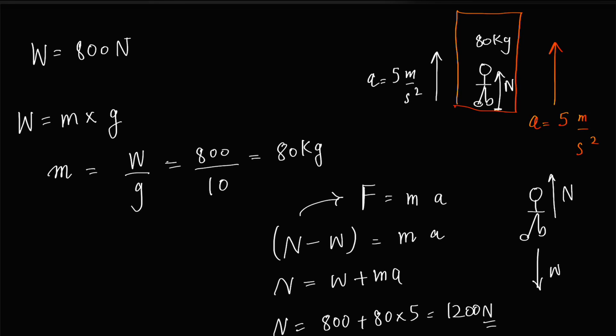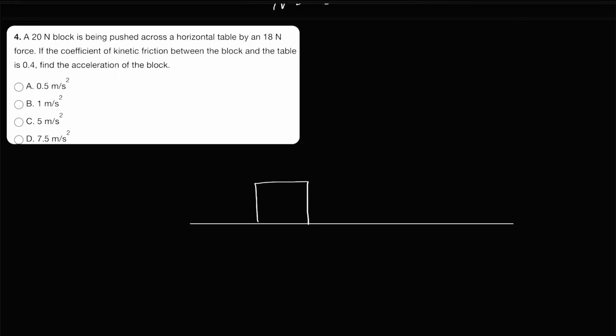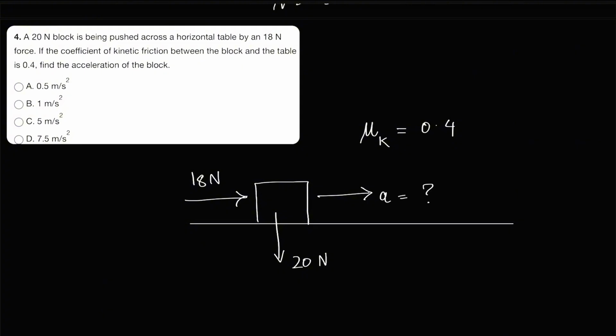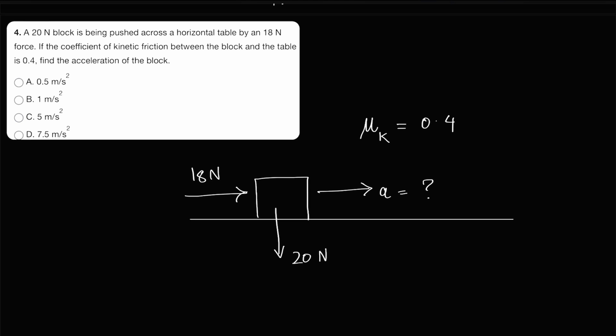Let's try another one. In this case, we have a block whose weight is 20 newtons. A force of 18 newtons is being applied on it, and the coefficient of friction is 0.4. We have to find the acceleration. First of all, let's find out how much is the frictional force applied on the block.